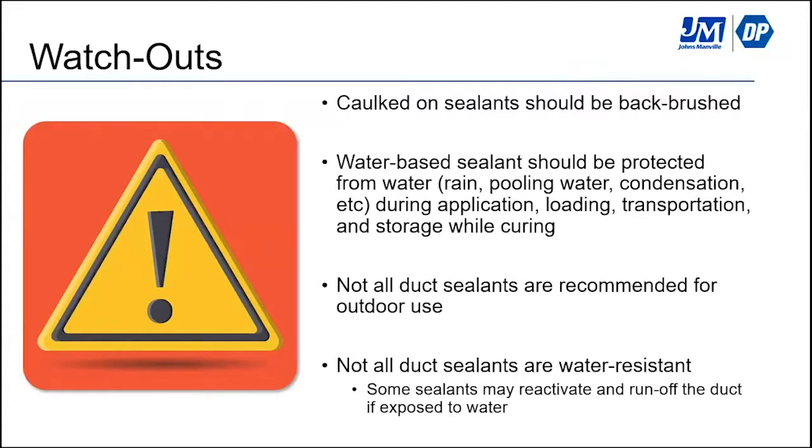A couple things that I've noticed over the years to be careful of: caulk sealants that are laid down on duct, and this goes for water-based or solvent-based, can sometimes float on the thin layer of oil of galvanized steel. Backbrushing those caulk joints and breaking that thin layer of oil is always a good idea.